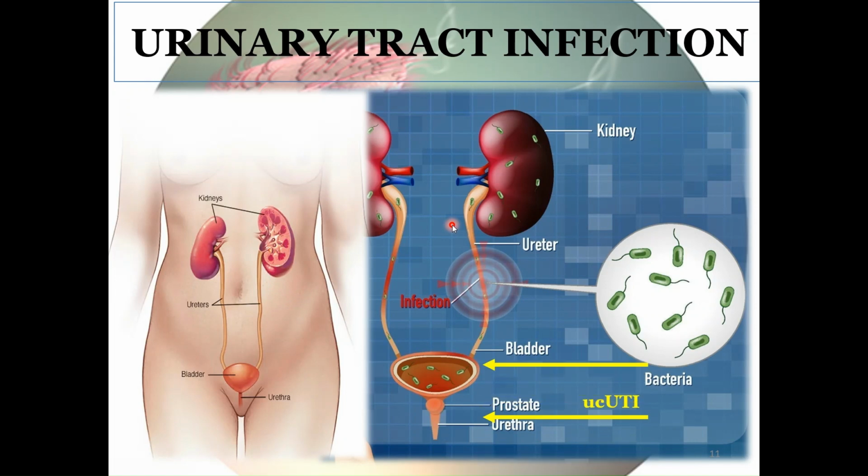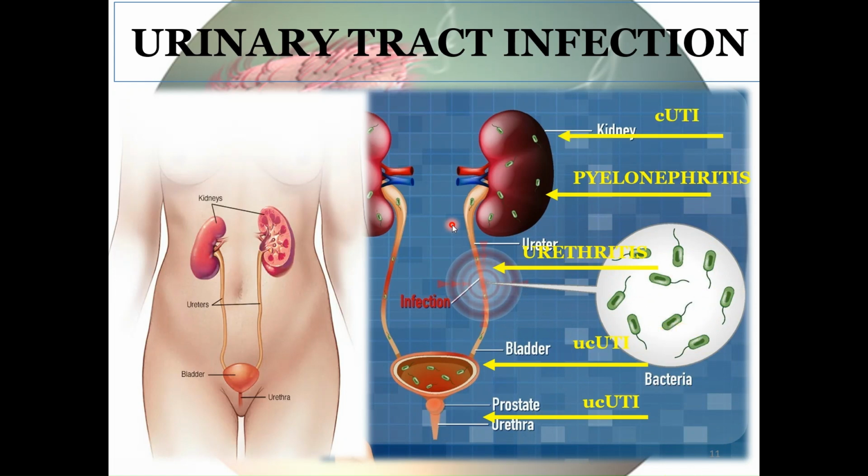Uncomplicated urinary tract infections include the urinary bladder and ureteritis, and then pyelonephritis and complicated urinary tract infection when it reaches the kidney.